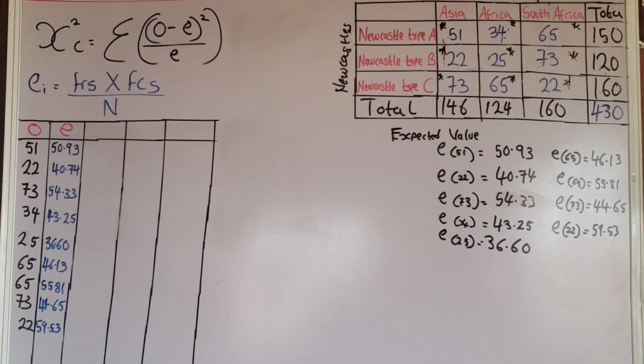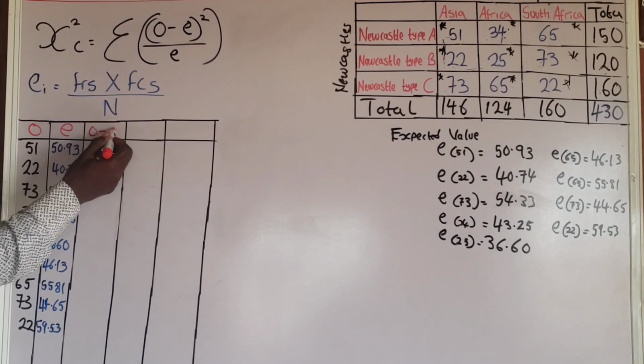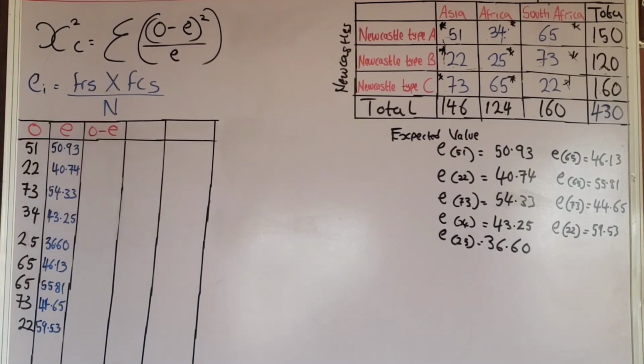I've already filled the observed and the expected values respectively. Now I need the difference between the observed and the expected value. So I'm going to have another heading, which will stand for another column. That will be observed minus expected. You understand? Okay. Now let us take the difference.